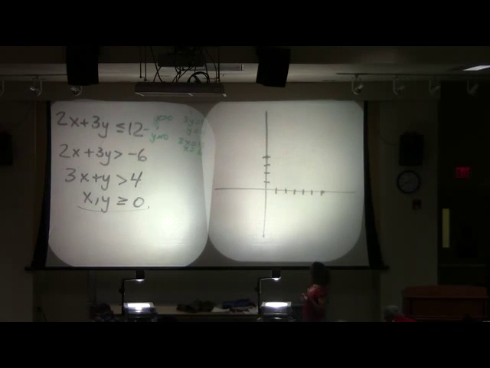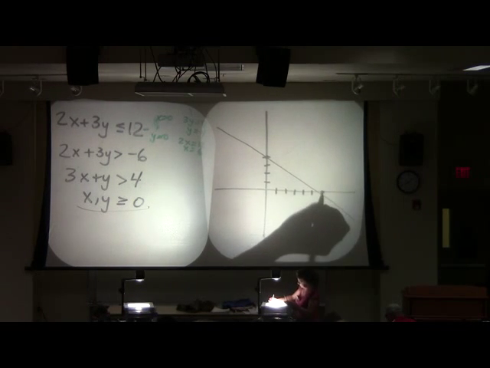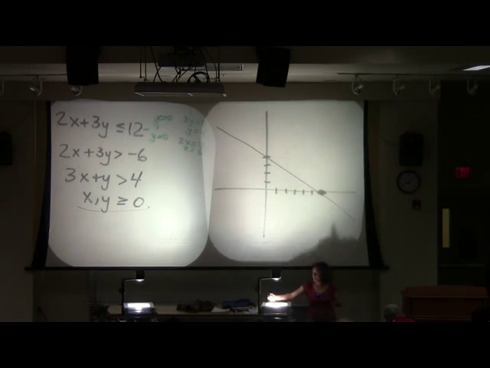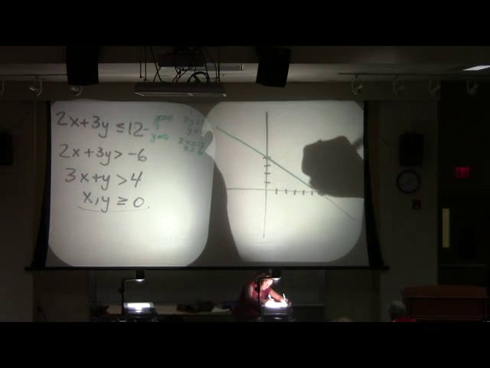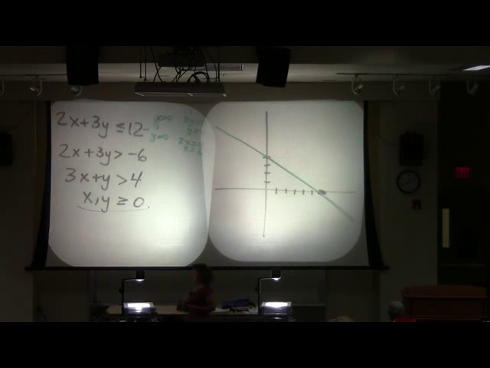Don't I connect my dots with a solid line? Yeah. Let's hope it's straight. Well, there we go. Now, I need to see which side of my line to shade on.